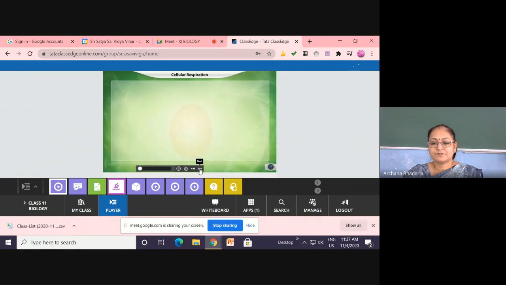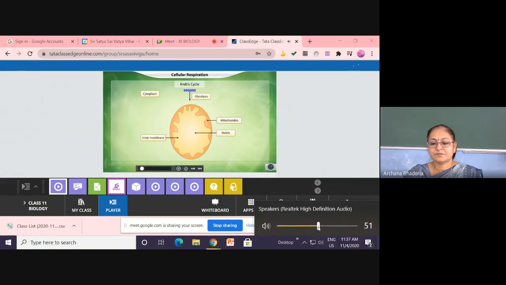The first stage of cellular respiration is glycolysis. In this process, glucose is broken down to form a 3-carbon compound, pyruvate.